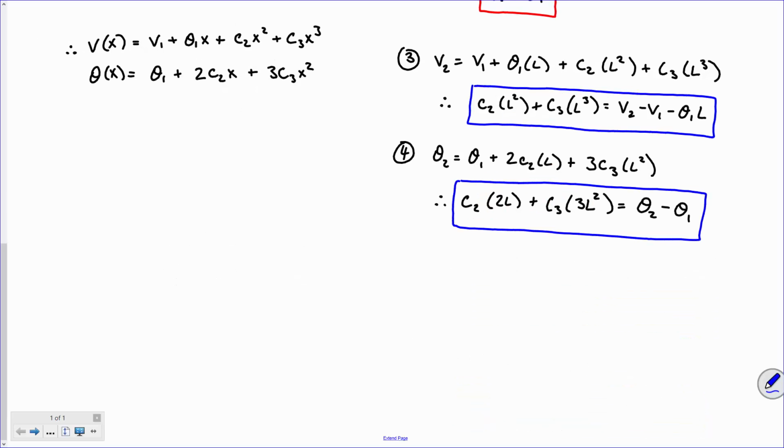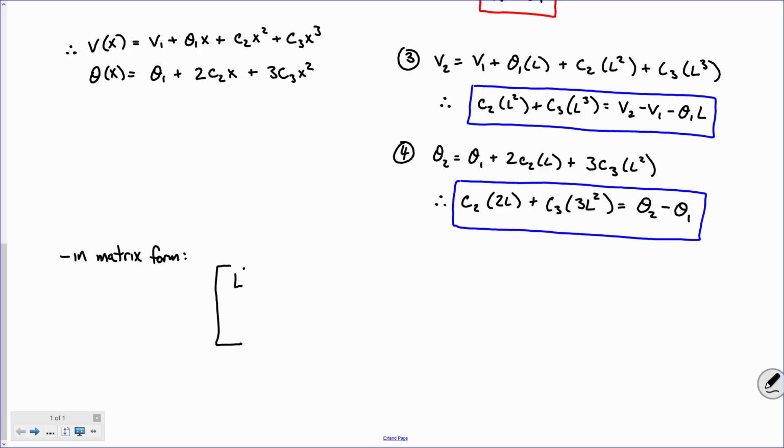Okay. Now, what I'm going to do is take these blue boxes and write them in matrix form. Okay. So in matrix form, what do we have? I'm going to write it down, and then we'll take our time and explain it.